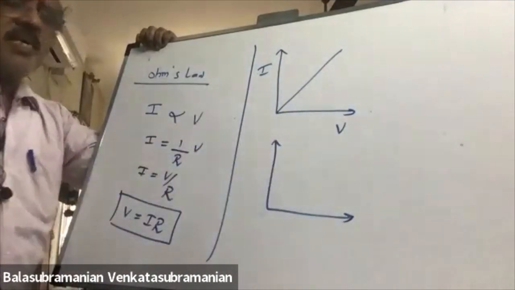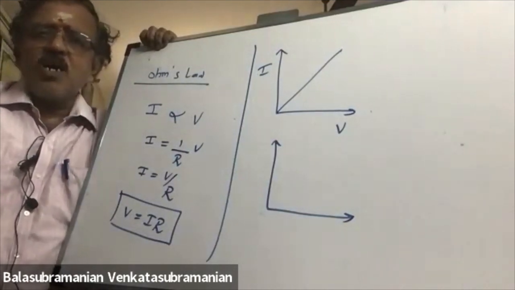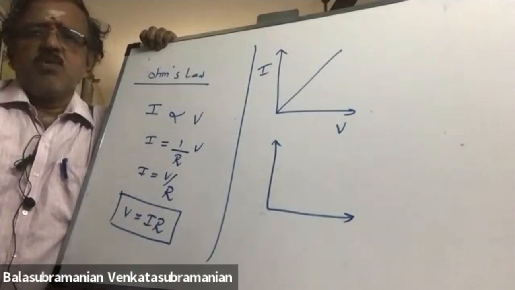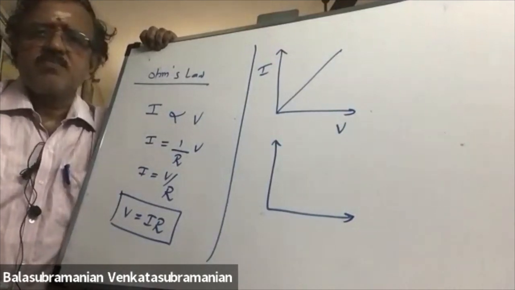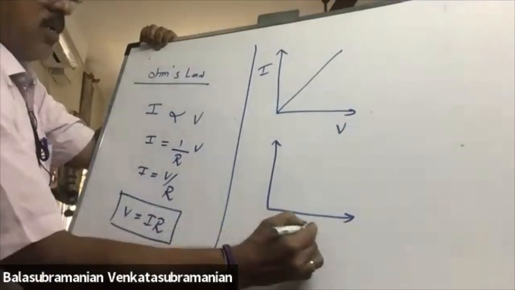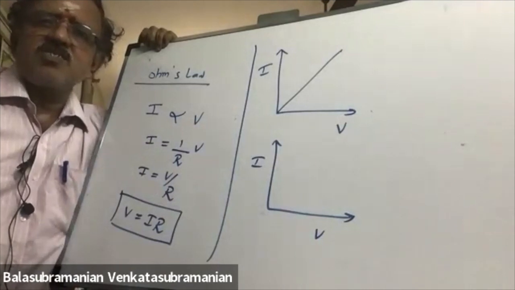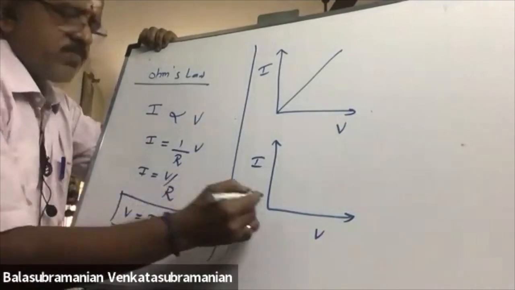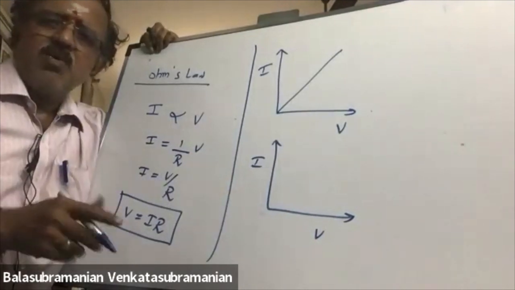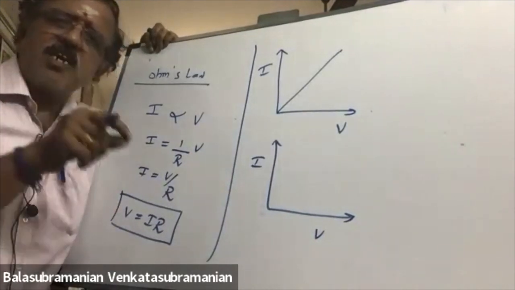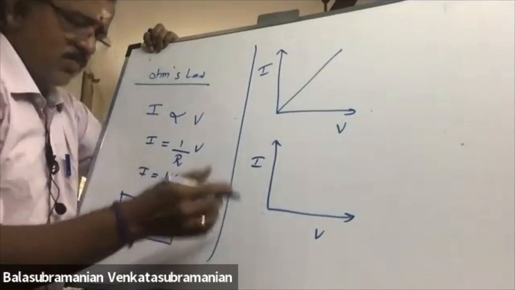In some cases, diodes and transistors do not obey Ohm's law. Why, sir? Electronics we will discuss. That is called non-ohmic devices. Diodes and transistors are called non-ohmic devices. You cannot write exactly I proportional to V. Why exactly we should not write? You should know the working of a diode and a transistor, then only you can understand.